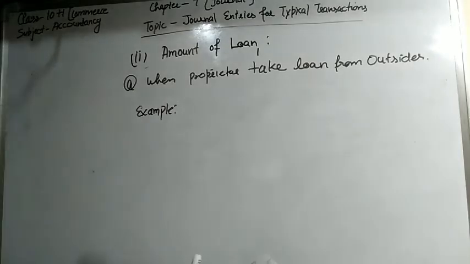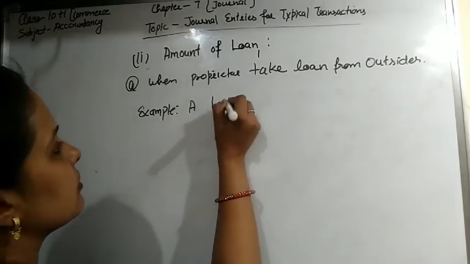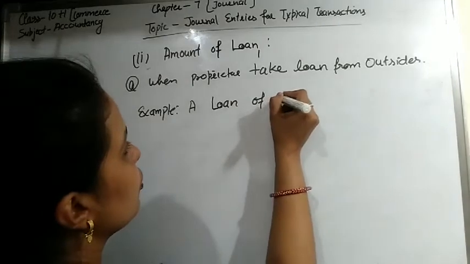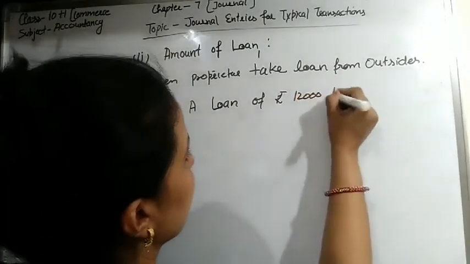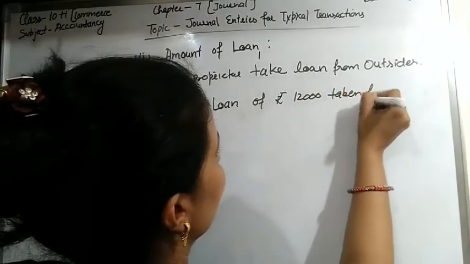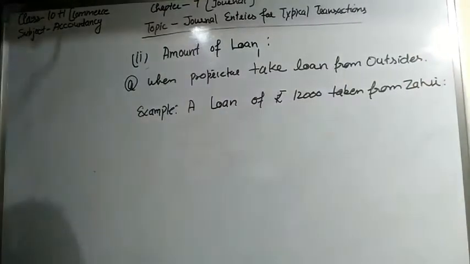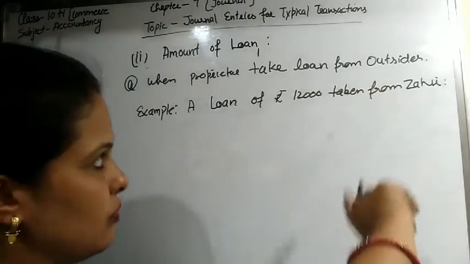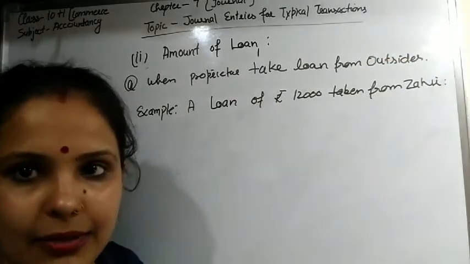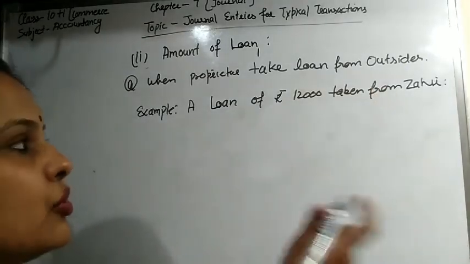The transaction is: a loan of rupees 12,000 is taken from Zahir. This is the first condition under amount of loan, where loan is taken by the proprietor from Zahir. Students, loan is taken means some amount is coming to the business.